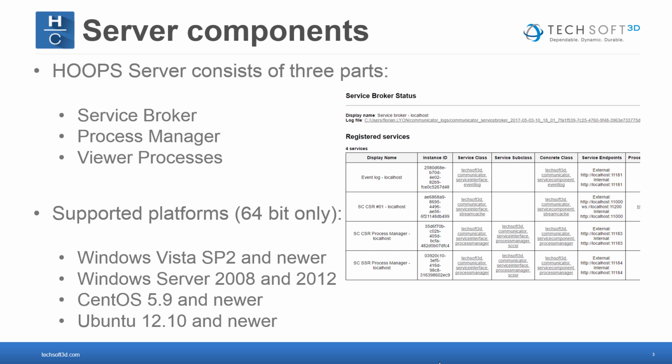In terms of platforms, we only run on 64-bit. That's pretty much standard nowadays for server stuff. We're running on Windows Vista SP2 and newer, and Windows Server 2008 and 2012. Those are the Windows platforms. Then for Linux, we support CentOS 5.9 and newer, and Ubuntu 12 and newer.